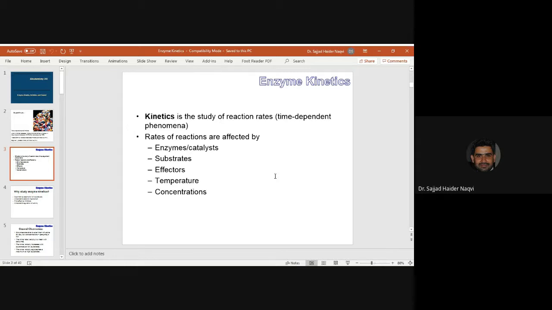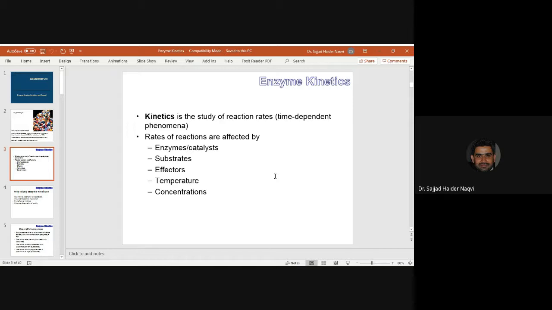Now, the rates of reactions can be affected by many factors, and some of these we discussed in the last lecture, like substrate concentration and temperature. But there are a few which we are discussing for the first time here, like enzyme and catalyst concentrations, concentrations of certain other things besides substrate, and effector molecules, which are not a direct part of the reaction but can somehow affect the enzyme reaction rate.